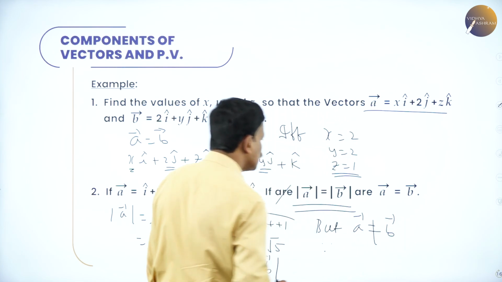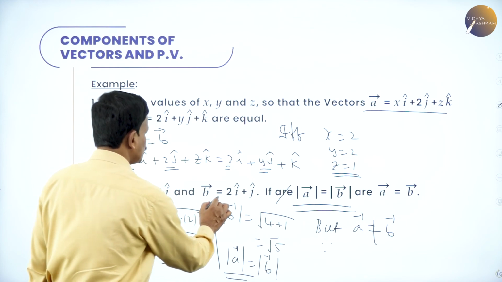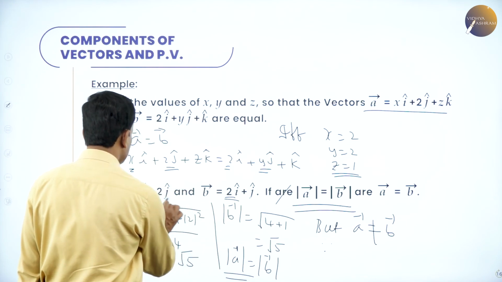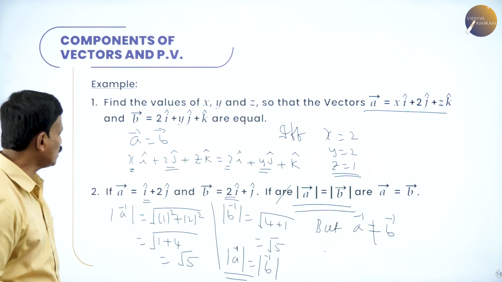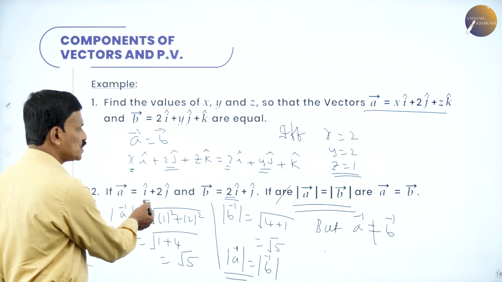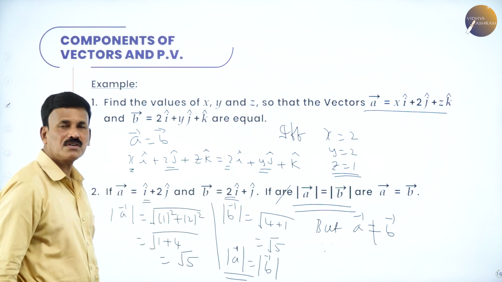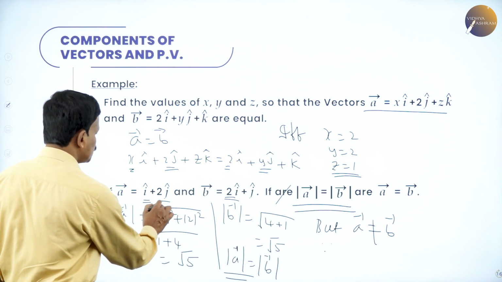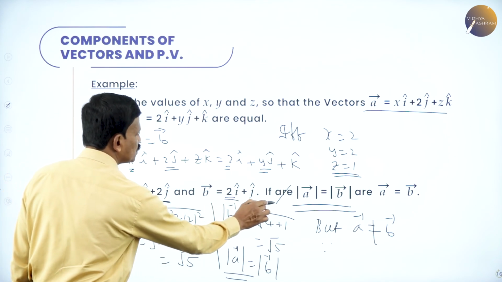The reason is that the coefficients of i in these two cases are not equal. The coefficient of i is 1 here, and 2 there. The coefficient of j is 2 here and 1 there.